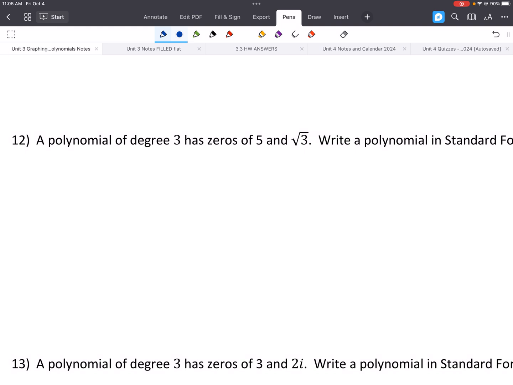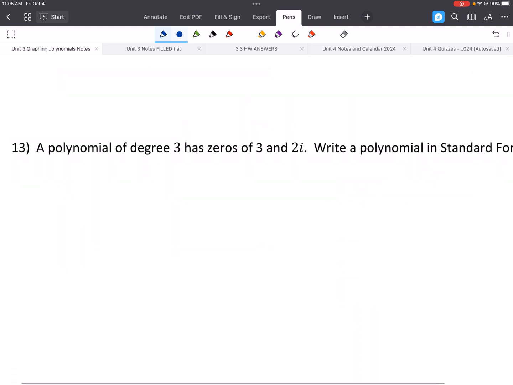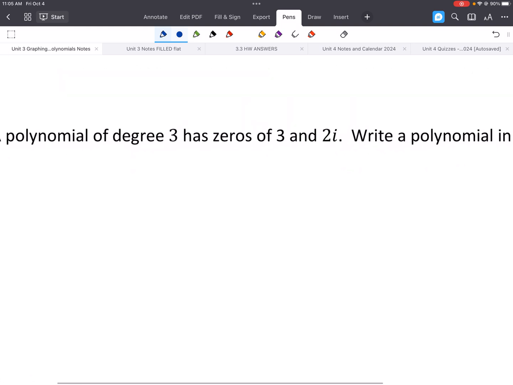We want to find the roots. Actually, let's start with 13. Okay, so we have a degree of 3, so we should have 3 roots. But again, here we only see 2. But remember that the imaginaries or the irrationals always come in pairs. So there's also a negative 2i. But the way we solve these problems, we don't have to worry about it.